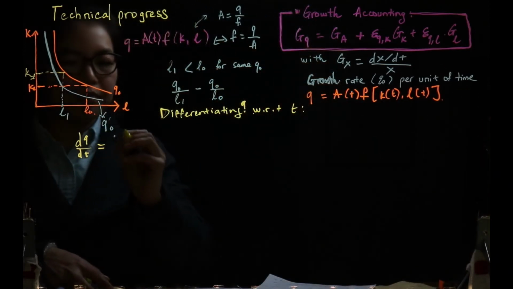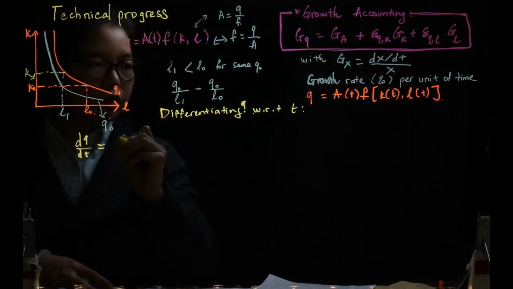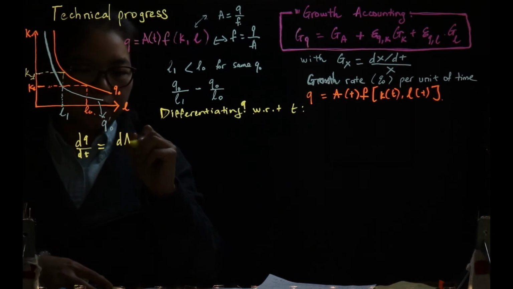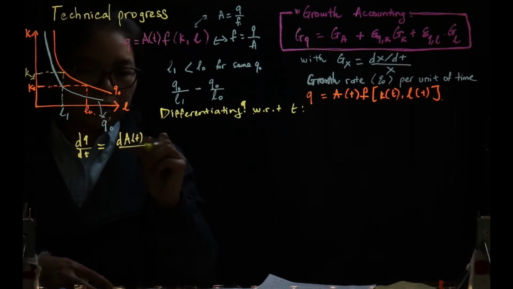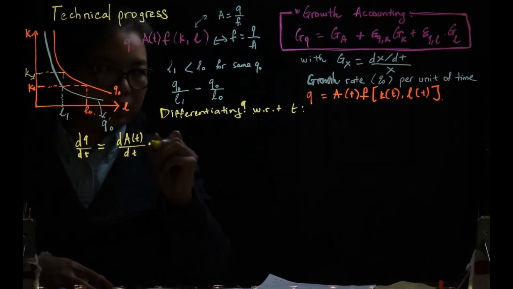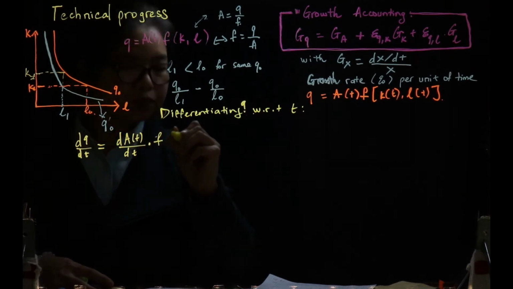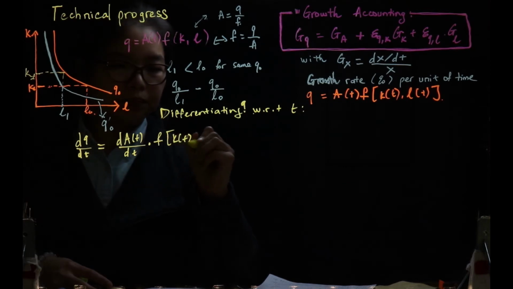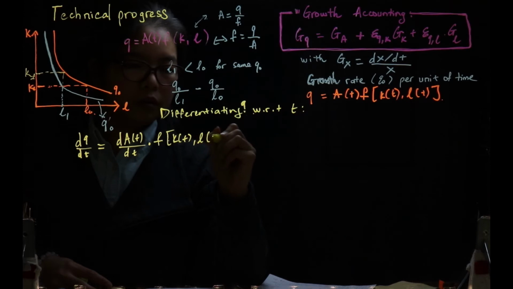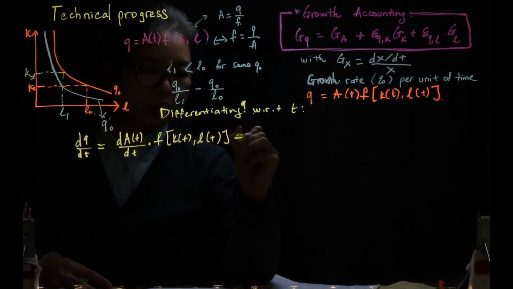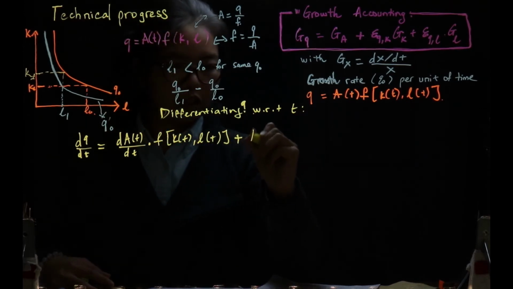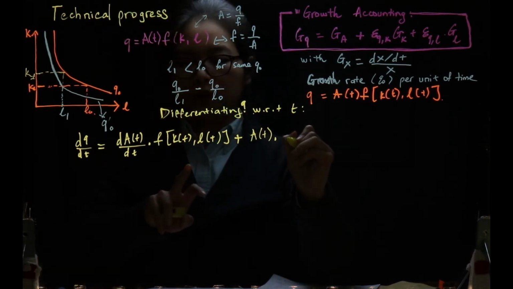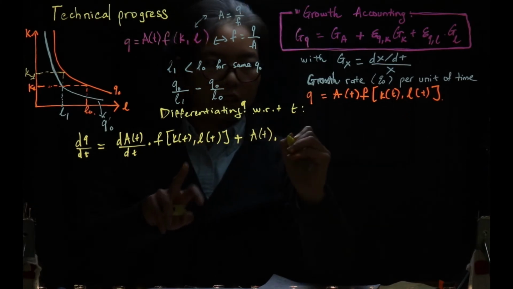So now let's do it step by step. We first need the product rule. So the derivative of the first function A with respect to t times the second function, which is F of K(t), L(t), plus the first function itself, A(t), times the derivative of the second function.